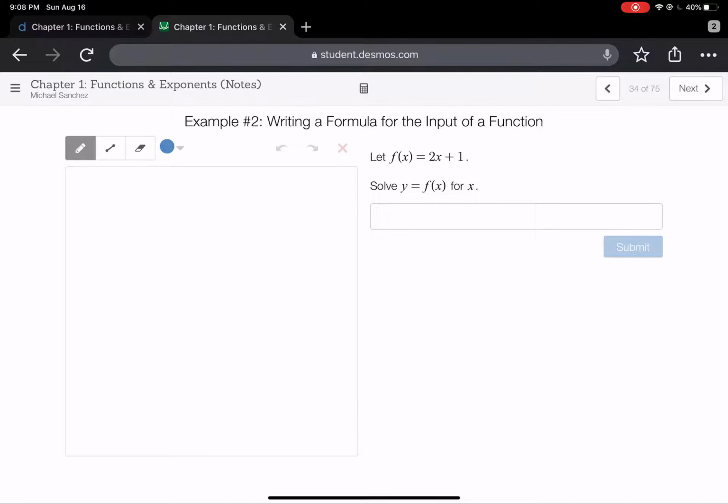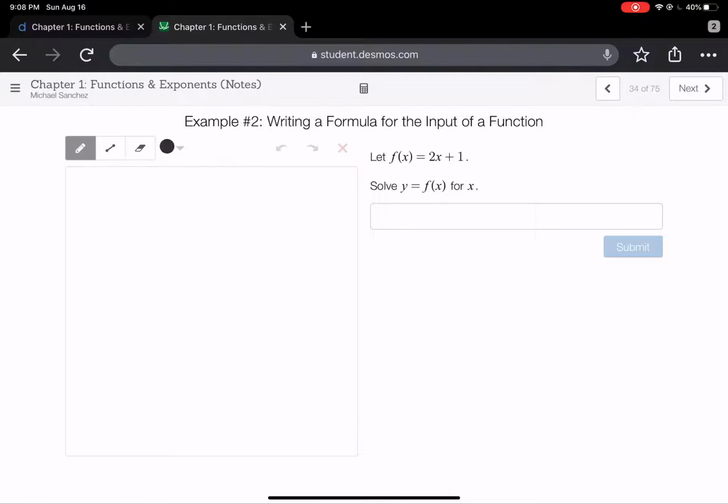Example 2: how to write a formula for the input of a function. We are going to solve the function for x, meaning we're going to leave the x variable by itself.